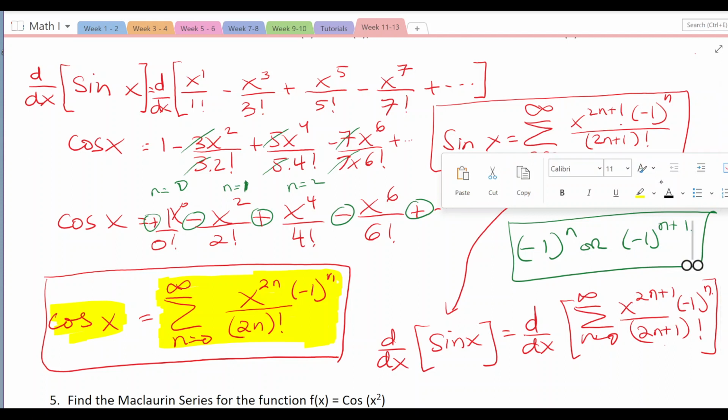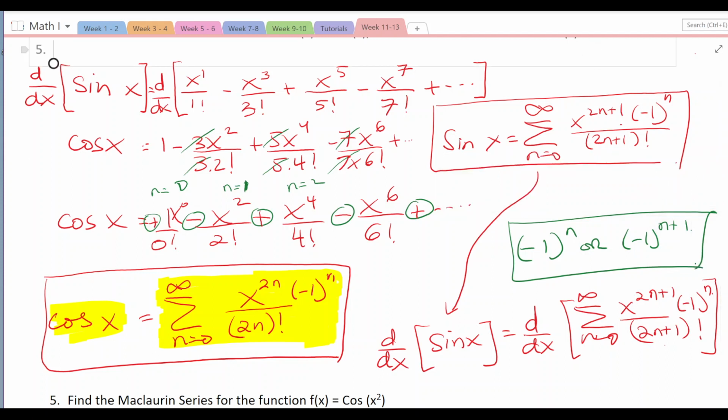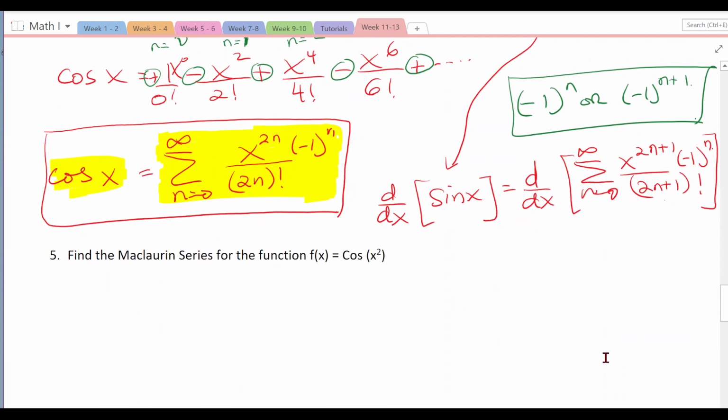We are going to take the derivative of everything on the right-hand side, but we are only interested in x, so we can take the constant out or leave it.